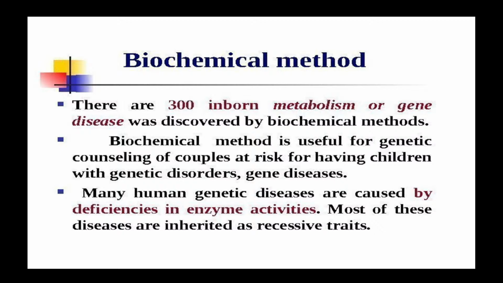We can use them for diagnosis of mutations in tumors, so these cytogenetic methods can be used in oncology too. But the cytogenetic methods can't be used for diagnosis of gene mutations and single gene disorders.